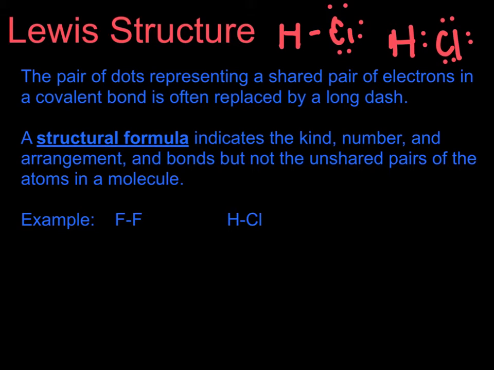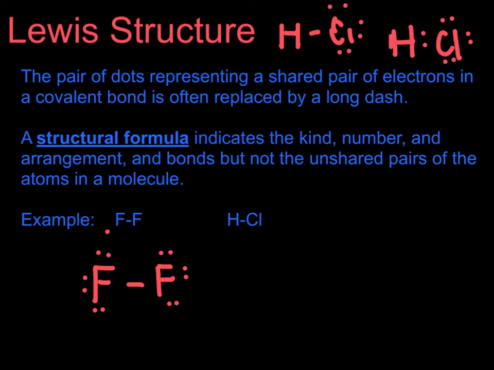In a structural formula, we show the electrons that are being shared, but we do not show the unshared pairs of electrons. For example, for F2, if we draw the full Lewis diagram, we know that the two fluorines share a pair of electrons, and then each fluorine has an additional 6 electrons around it.